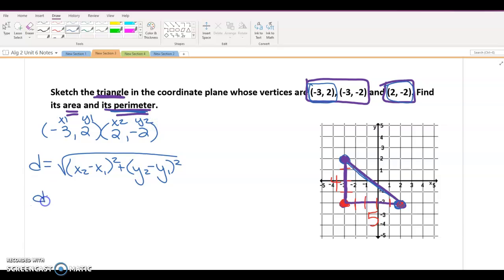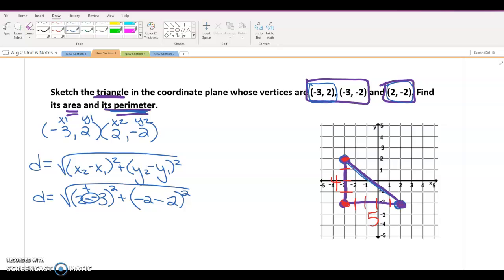Alright, our distance is going to be the square root of our x2 is 2 minus our x1 is a -3. So minus a negative will make that a plus a positive, squared, plus y2 is -2 minus y1 is 2, squared. Now at this point, if you're using Desmos or one of the other calculators in class, you can plug that whole part into the calculator in one go.